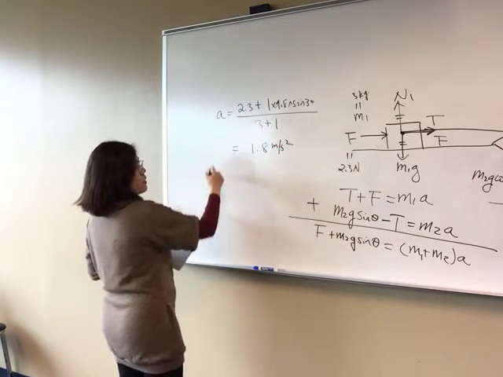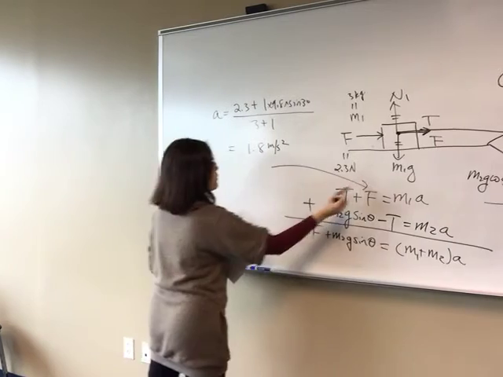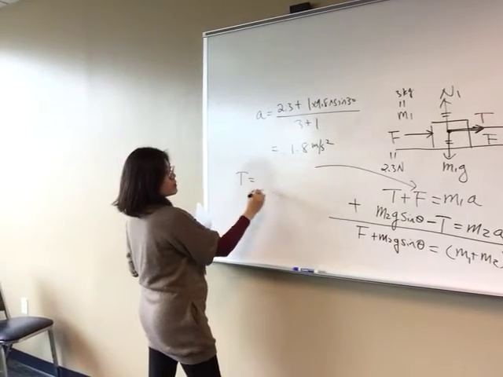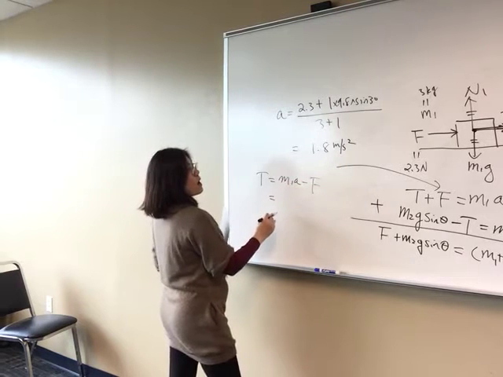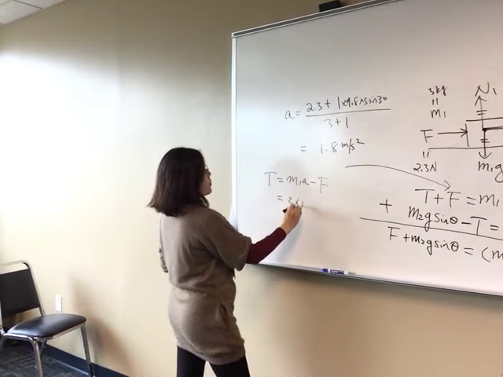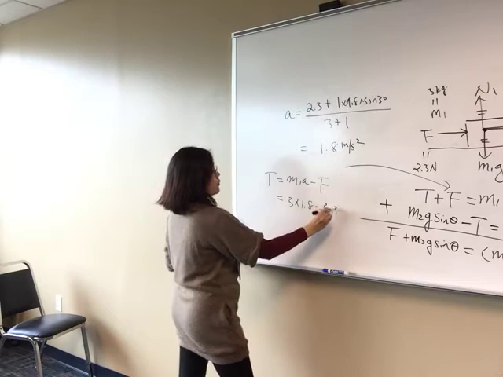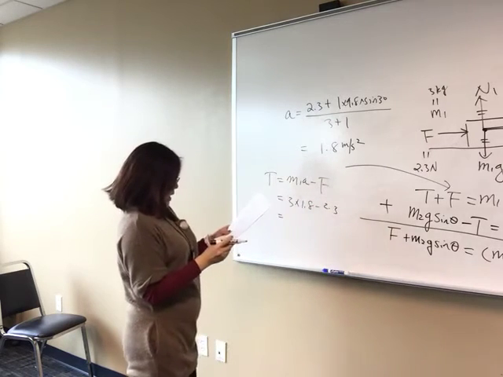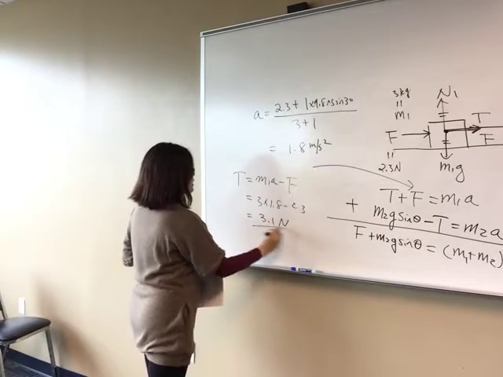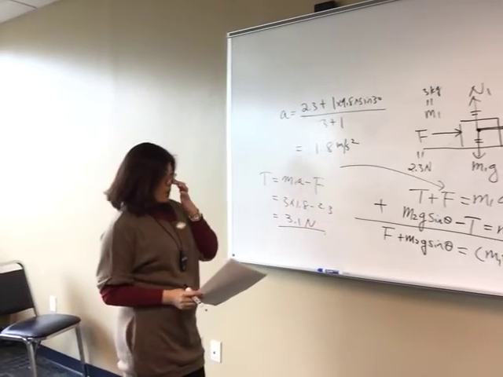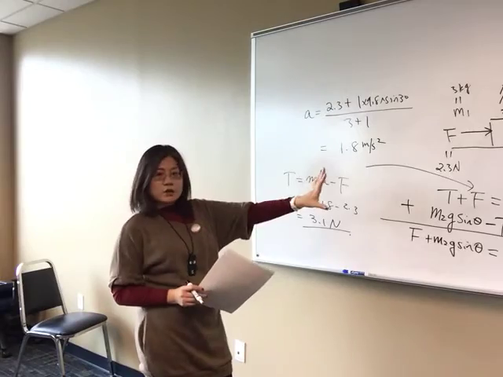Once you have your acceleration, then plug into this equation, then you can figure out what the tension is, because your tension will just be M1A minus F. So M1 has 3 times 1.8 minus 2.3. So your tension, you will have 3.1 Newton. So that is the force magnitude of the tension.